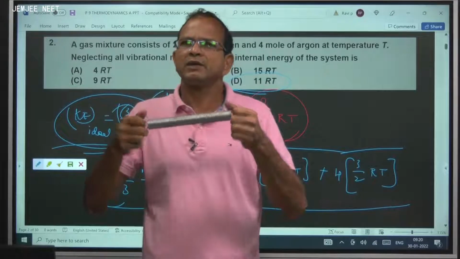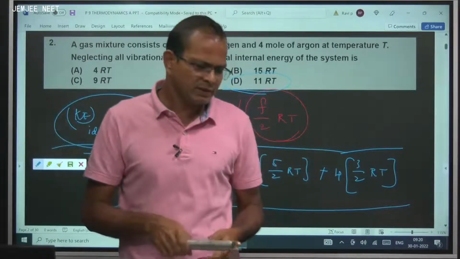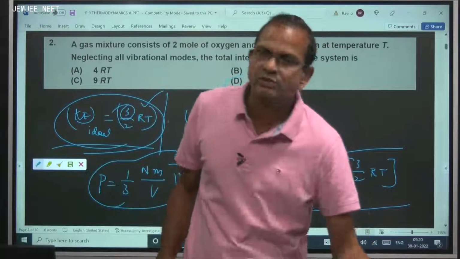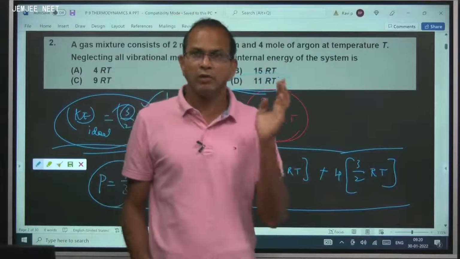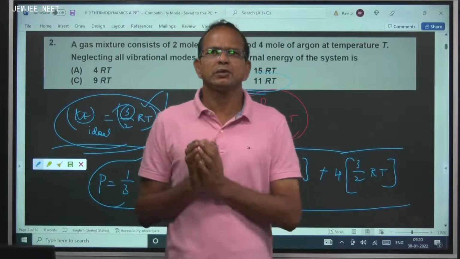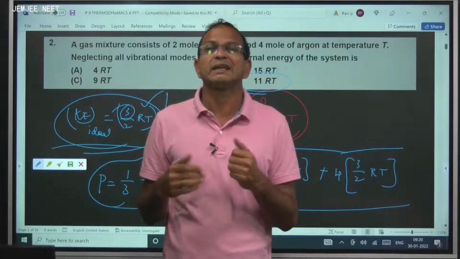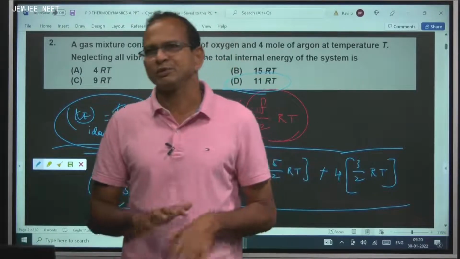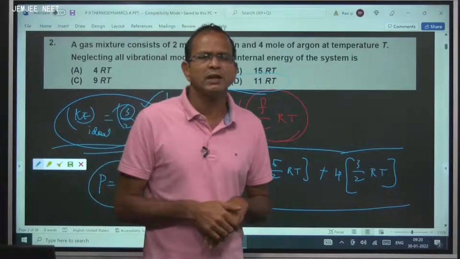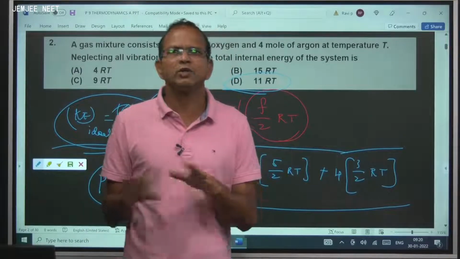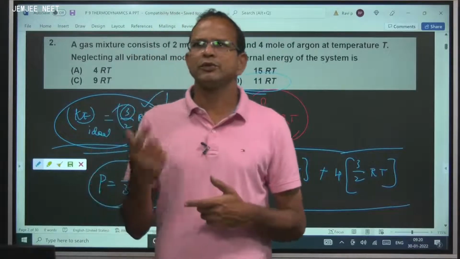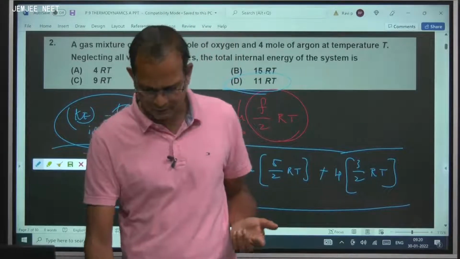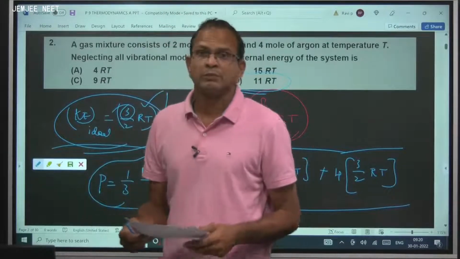If you heat it further, it will vibrate more. So vibration is an inevitable, compulsory part. It stops vibrating only at 0 Kelvin. However, we consider that at low temperature the vibrational effects are neglected, to make our physics and chemistry easy at +1, +2 level. Understood? Up to IIT entrance level we don't consider that, but if you go for research in future you have to consider it. Got the point? Yes, sir.